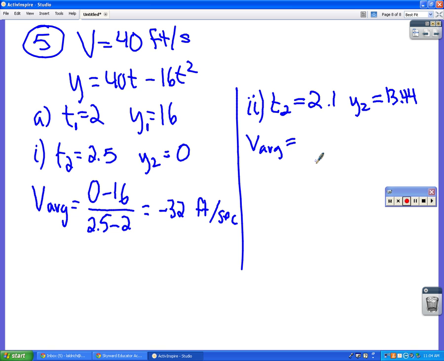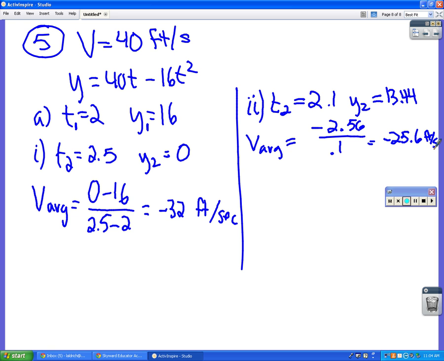The average velocity over this time is y2 minus y1, which is going to be negative 2.56, divided by the change in time, which would be in this case 0.1. And so move the decimal over one place means that now I'm looking at an average velocity of negative 25.6 feet per second. How do you feel about that?